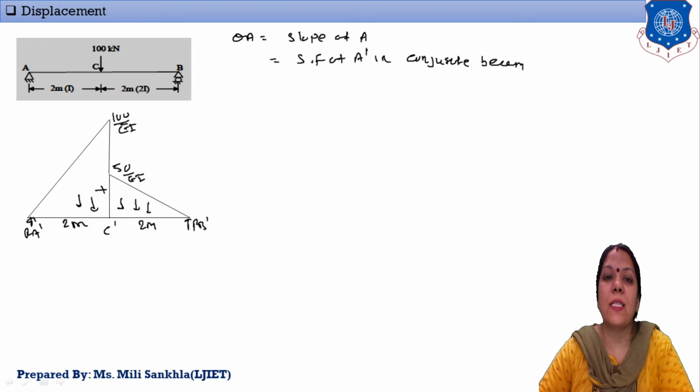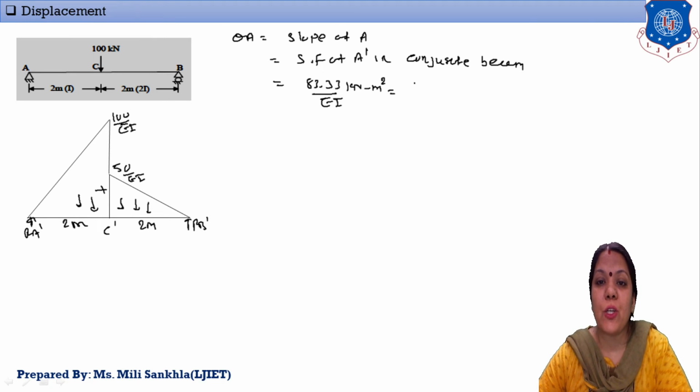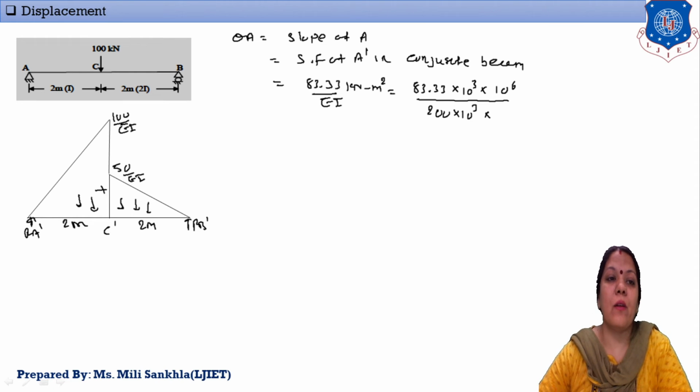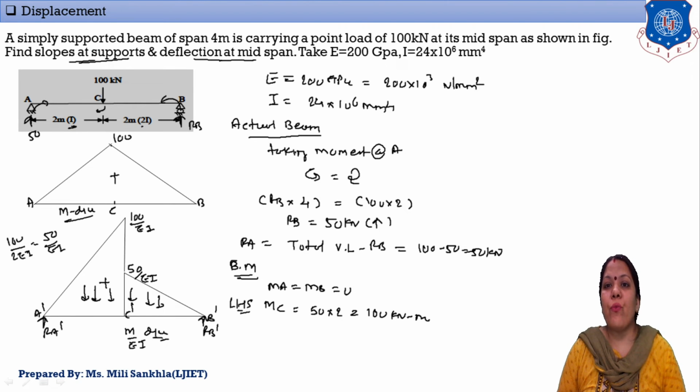Now what is SF at A? That is equal to 83.33 divided by EI, and this value is in kilonewton meter square. Okay guys, here the values of E and I are given in Newton and mm, so here we convert the values. 83.33 kilonewton converted into Newton is 10 raised to 3, and meter square converted into mm square is 10 raised to 6, divided by 200 into 10 raised to 3, and the value of I is given as 24 into 10 raised to 6.